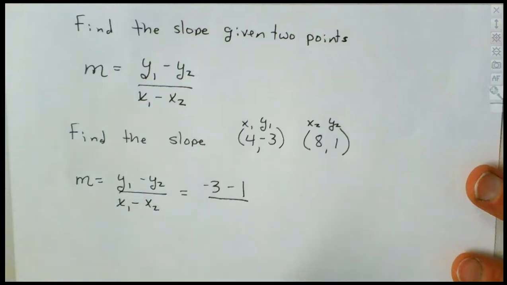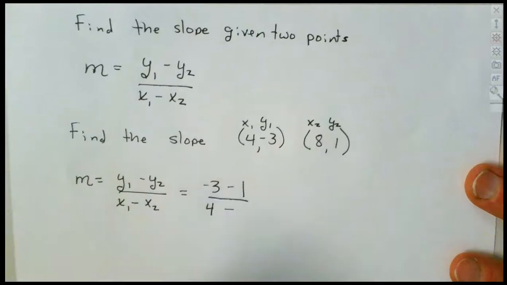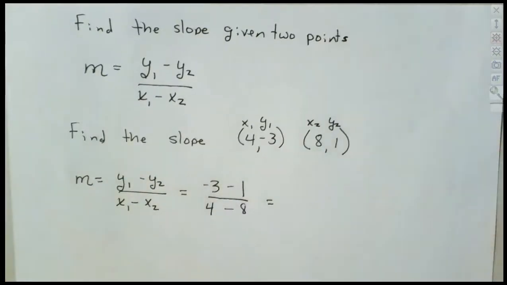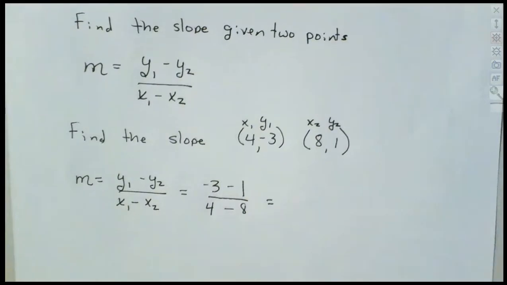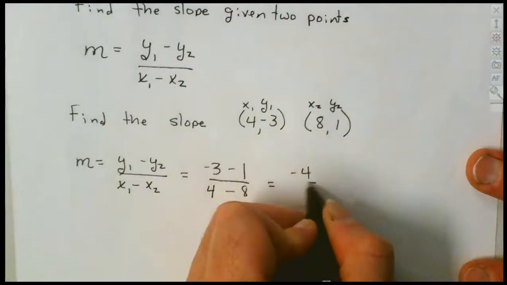What about the x part? x1 is 4 minus x2, which is 8. Now we do need to clean up the fraction at the end. So always make sure that if you get a fraction that you can reduce it down. We've got -3 minus 1, that's -4.